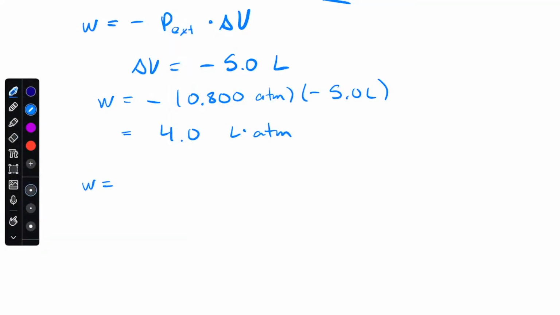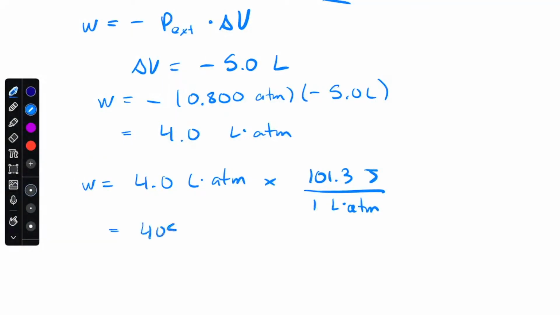Basically, work is equal to 4.0 liter atmospheres multiplied by 101.3 joules per 1 liter atmosphere. So if you get a work question and you end up with liter atmospheres or liter bar, go to the front page for a conversion factor. This gives us 405.2 joules, which is a more normal unit.